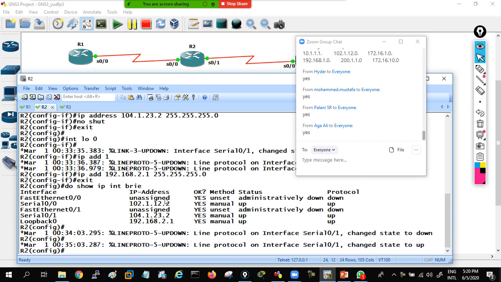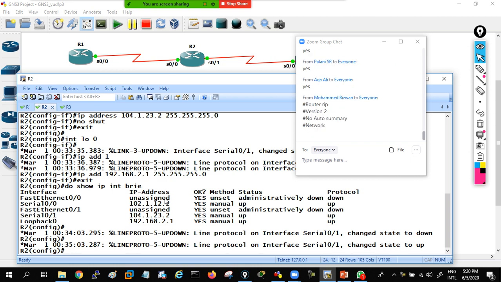Remember, guys. Type it: no auto summary, network. What networks are you going to advertise there? Version 2, type it fully. Don't be in a hurry.